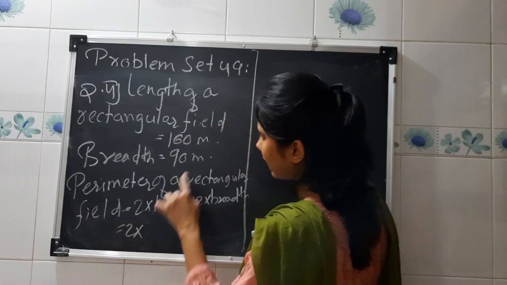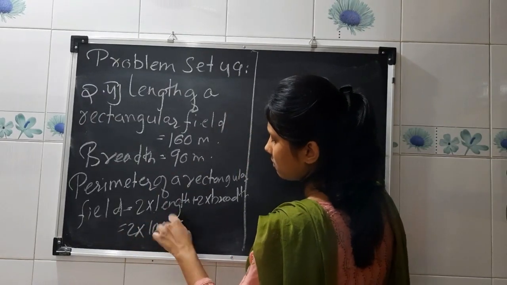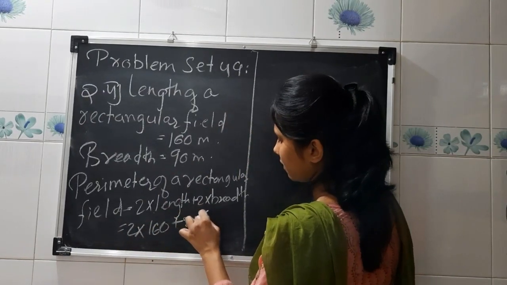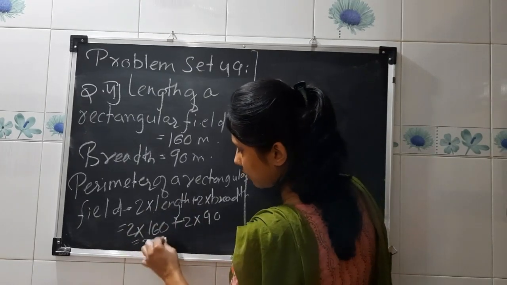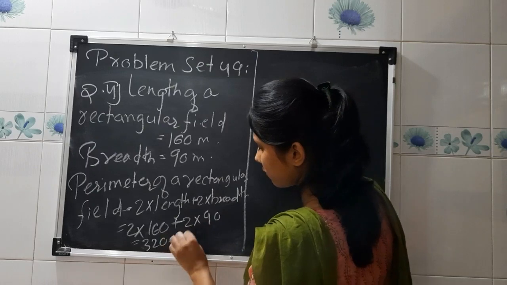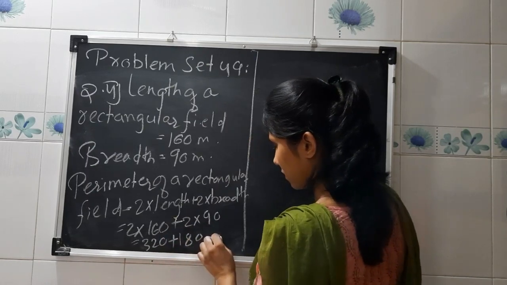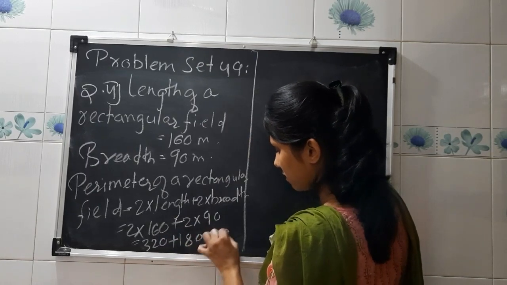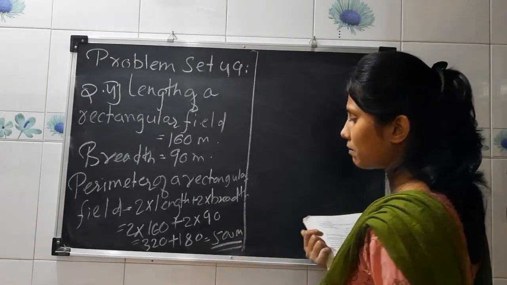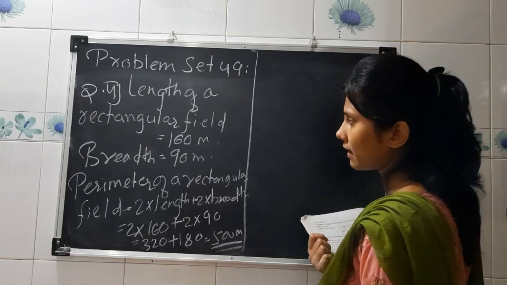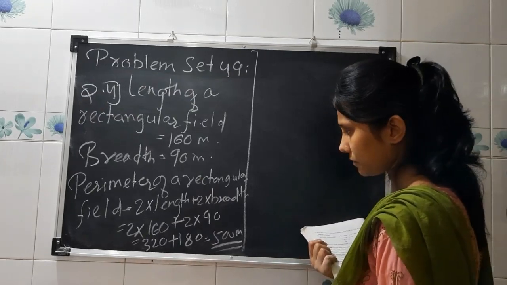That is 2 into length 160 plus 2 into breadth 90. 320 plus 180. You will get 500 meters. So 500 meter is the perimeter of the rectangular field. Okay.